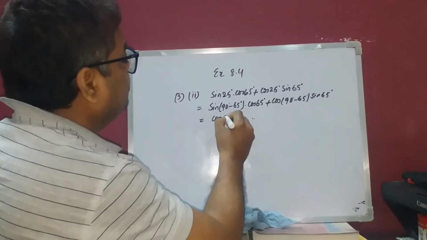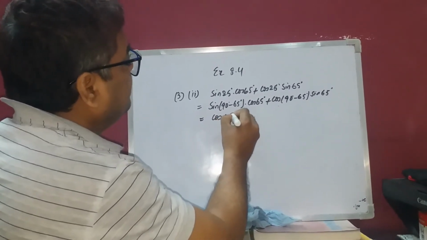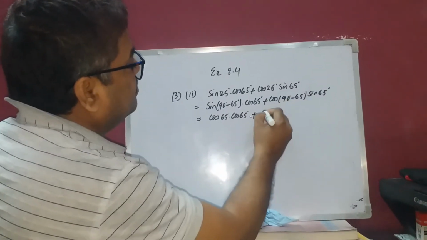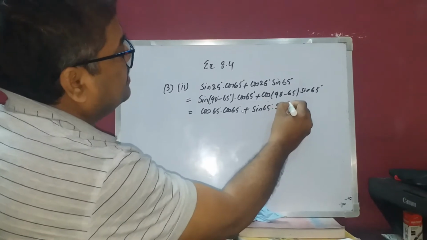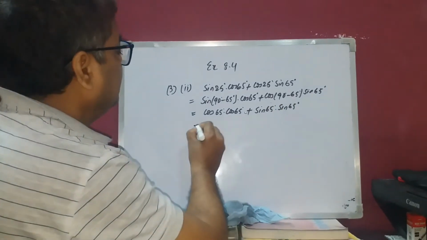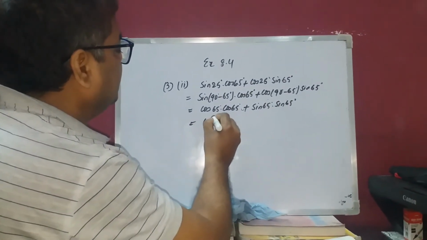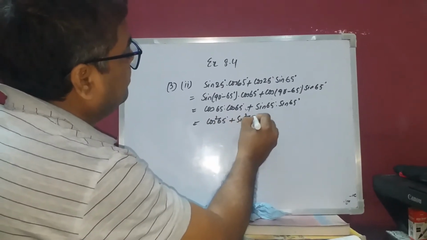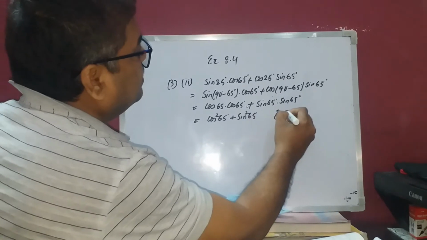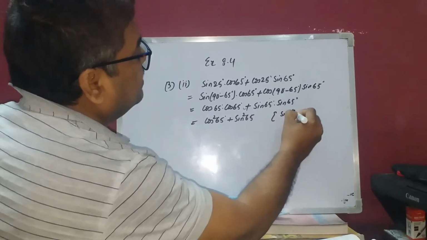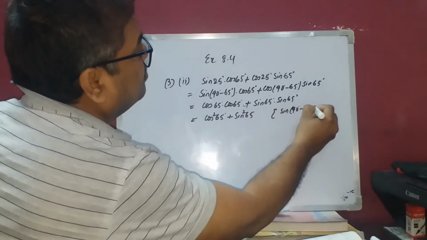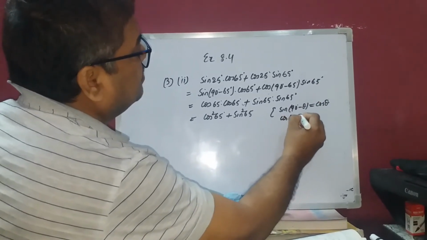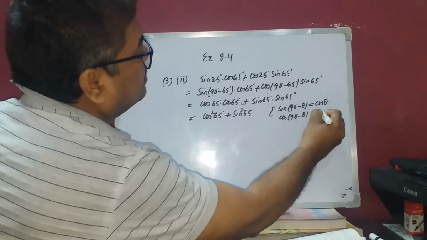This becomes cos 65 degree and cos 65 here also. This becomes sin 65 degree, and this is sin 65 degree. And this is cos square 65 degree plus sin square 65 degree. You will write here sin (90 degree minus theta) equal to cos theta, and cos (90 degree minus theta) is equal to sin theta.